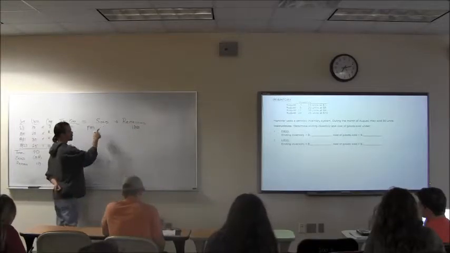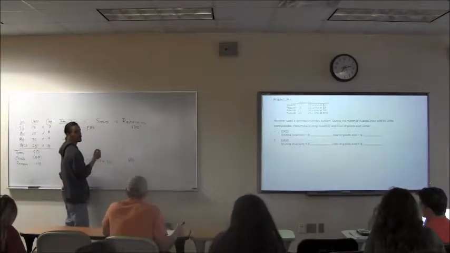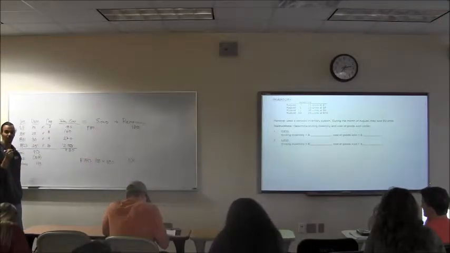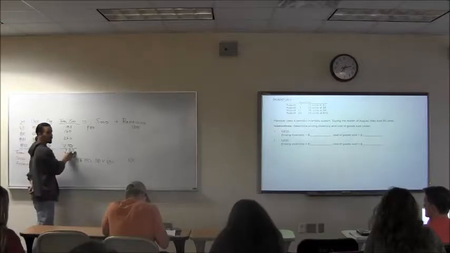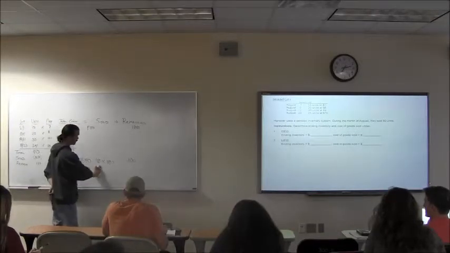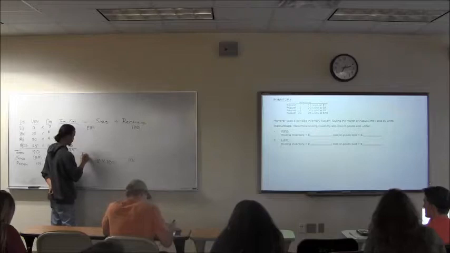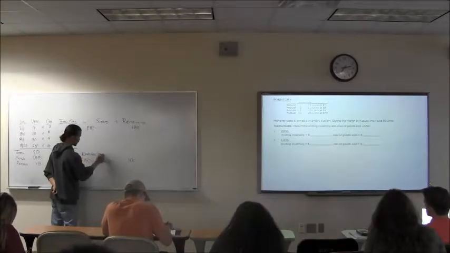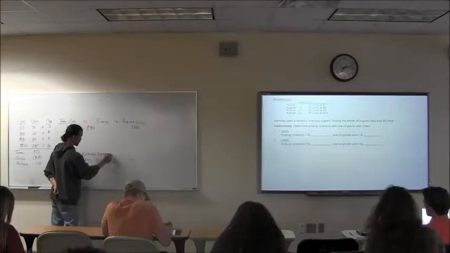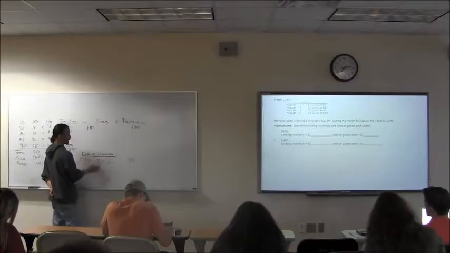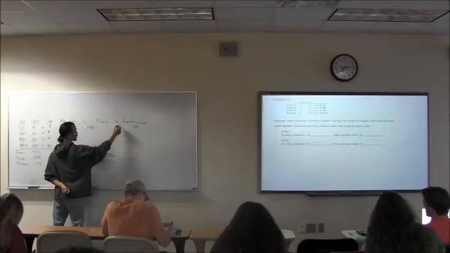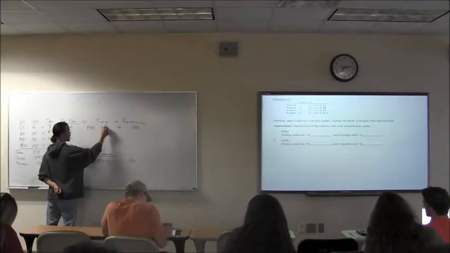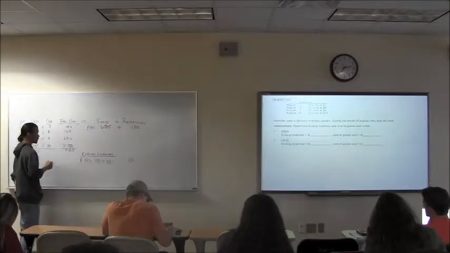How much did I sell? 685. Everybody follow that? Okay, I have 785 in total. I accounted for what I have as ending inventory. Well, if I know I have 100 remaining, I have altogether 785, then this must be 685.